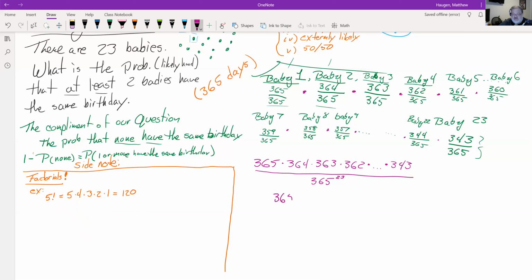Not quite enough, but handy. 365 factorial is going to be the 365, the 364, the 363, 362, 361. The problem is 365 factorial is going to go all the way down to 1, and we want it to stop at 343. So we need a way to get factorials to stop, and it's actually really nice.